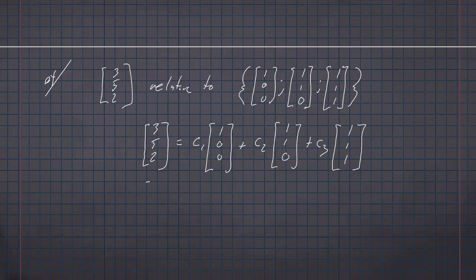We use the properties of Euclidean vectors to condense that linear combination.